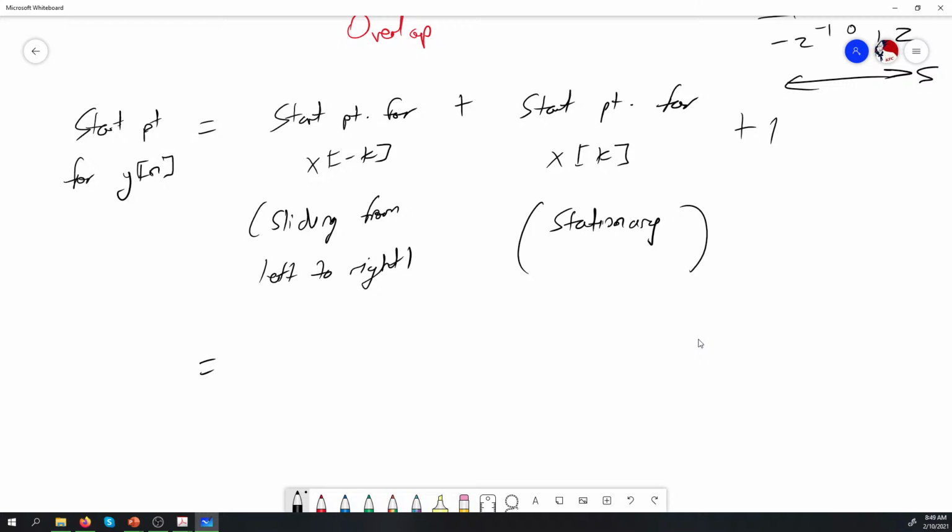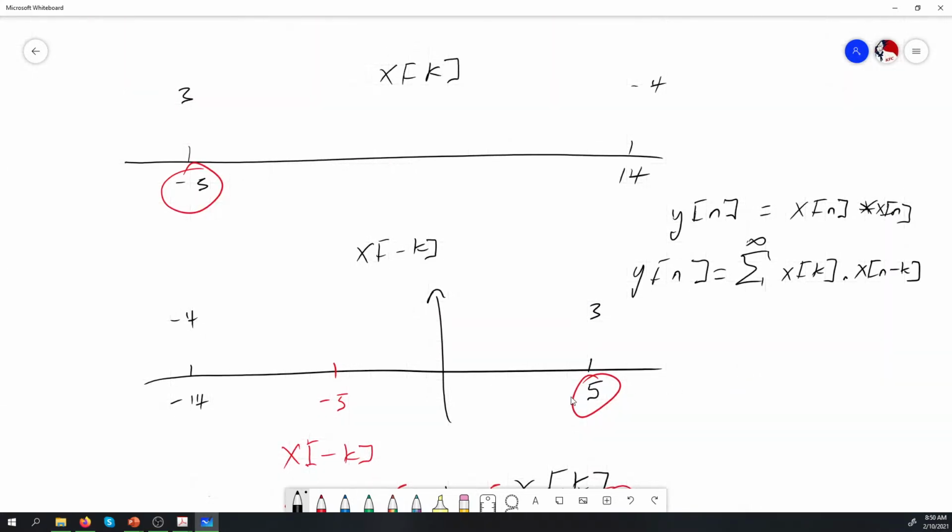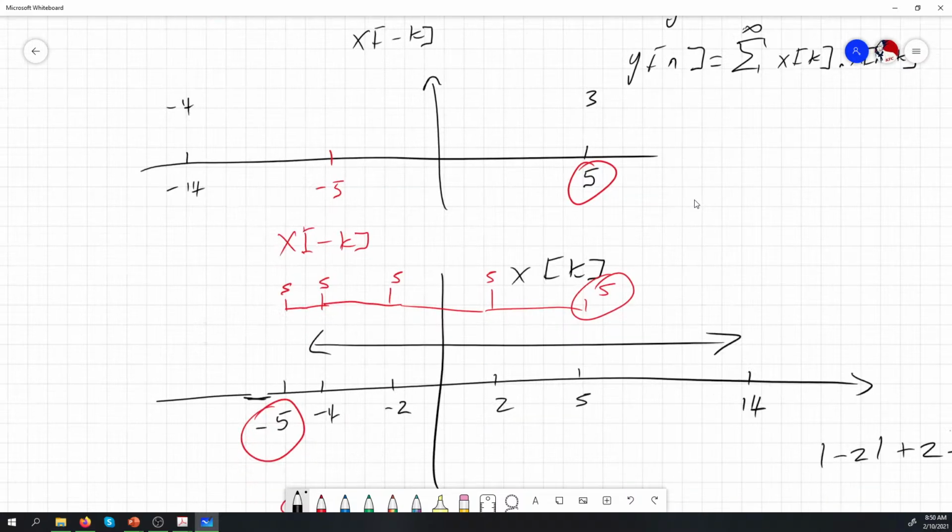So the start point for x of -k here, when we watch our sketches, because this is sliding from left to right, that means the start point is going to be on the right. That's going to be 5.